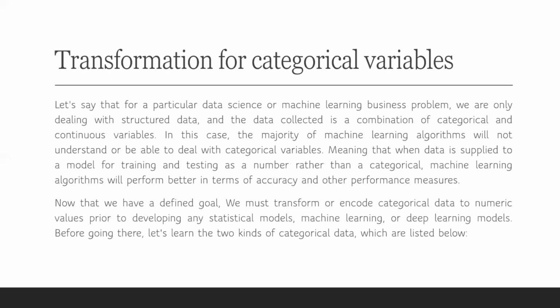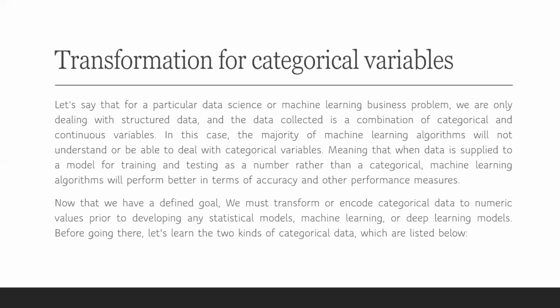Let's say that for a particular data science or machine learning business problem, we are only dealing with structured data, and the data collected is a combination of categorical and continuous variables.